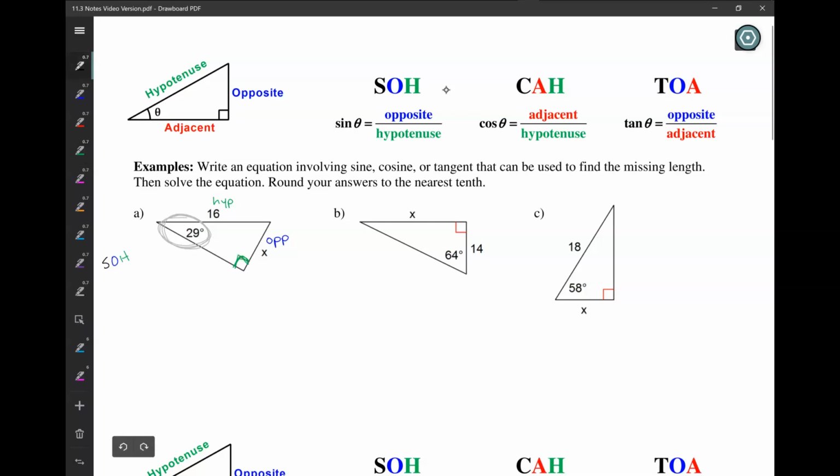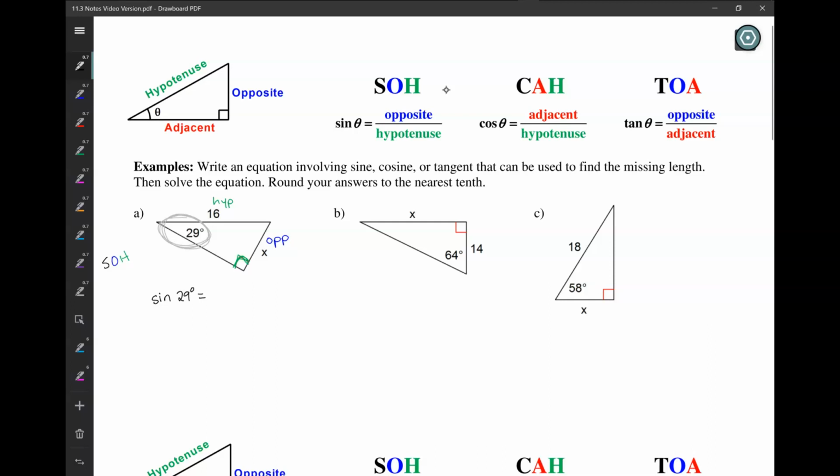Now I'm going to write the equation. The sine of the angle. This is the first time we've actually known what the angle is, so I write sine of 29 degrees equals. Often people ask, how do I know which one goes on top?